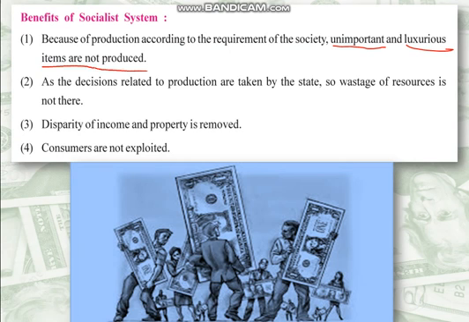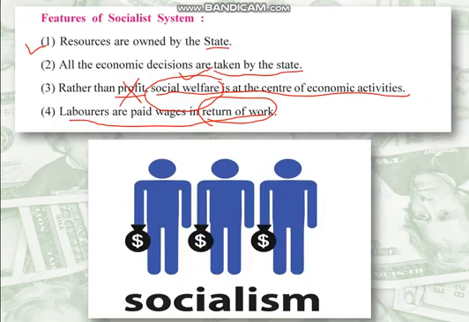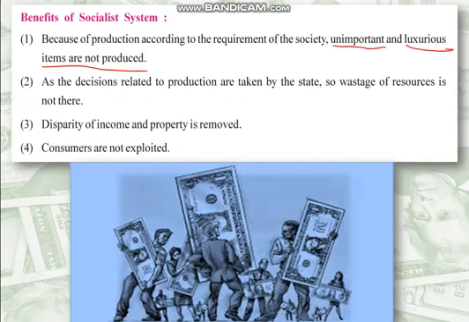As we have seen in the previous slide, social welfare is important, and that's why unimportant and luxurious items are not produced. Items that are important for the society and needed by the society, the basic needs of the society, are produced rather than luxurious items.